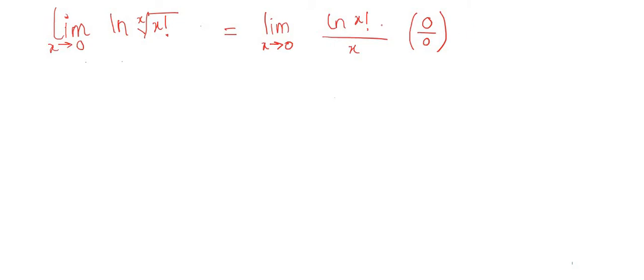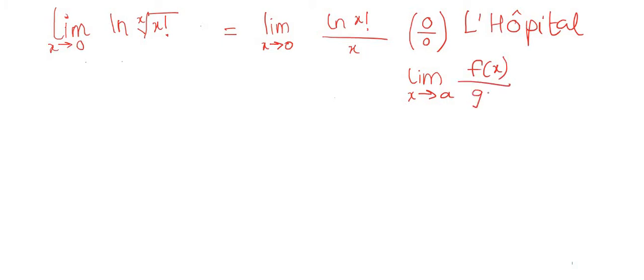Since it's a 0 by 0 form, for all of you who have done calculus in the past, you know how to calculate limits. We'll have to use L'Hopital's rule. I'll remind you that we have to differentiate the top and the bottom. I'll just write the general form: the limit as x tends to a of the ratio f of x by g of x.